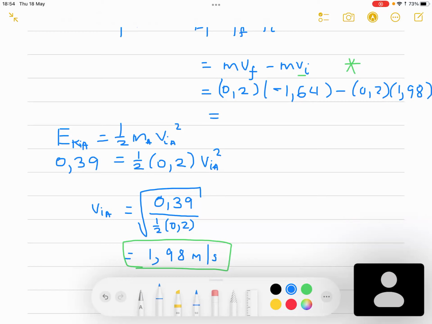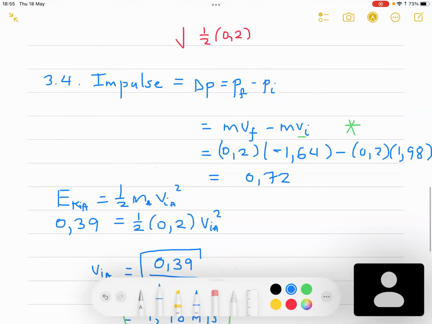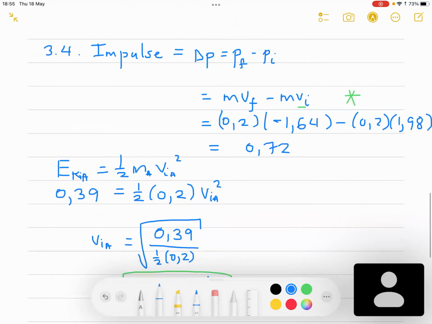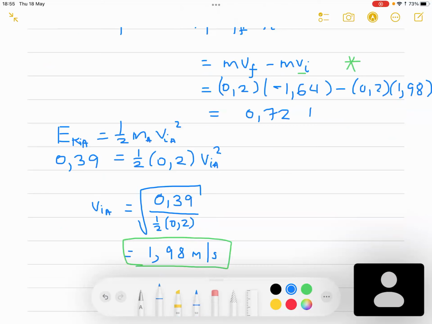And if you put that into your calculator, you should get 0.72. And for the impulse, it is F delta t, so the unit is just Newton second.